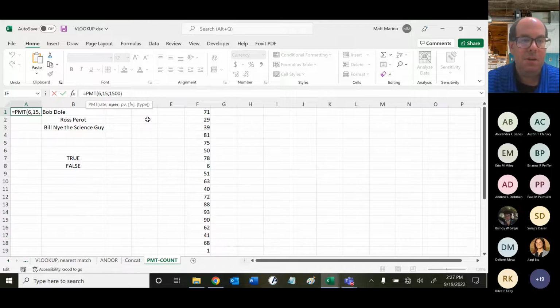The second parameter is your number of payment periods. So in this example, it's 15. Your third parameter is your present value. In this example, it's 1,500. In most of the examples I've given so far, we actually had to compute that, multiplying things, and you'll see that again today.